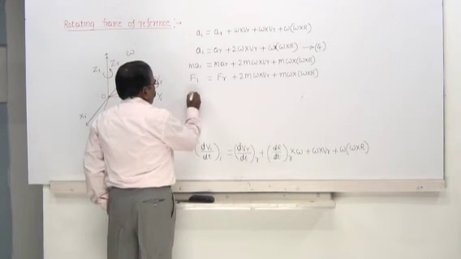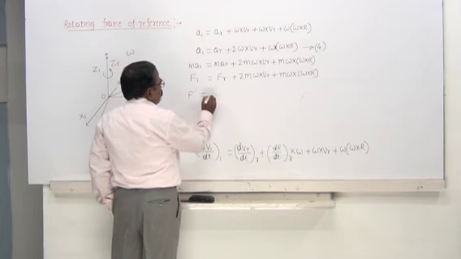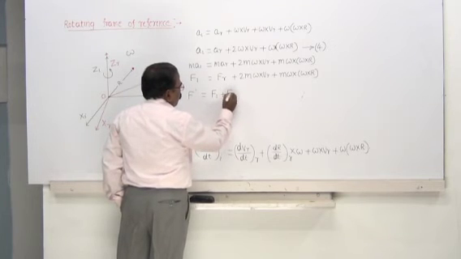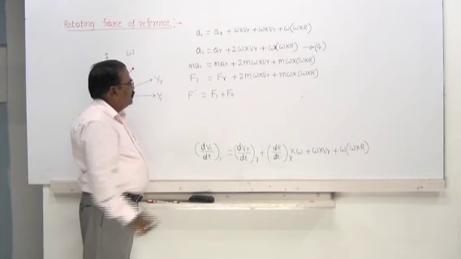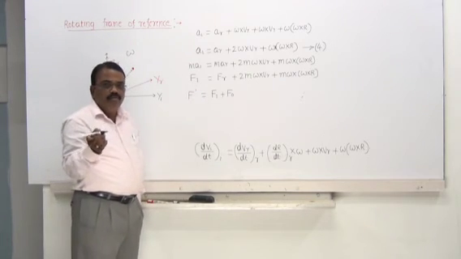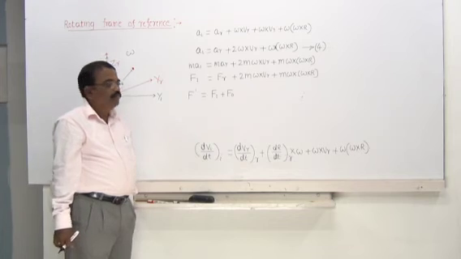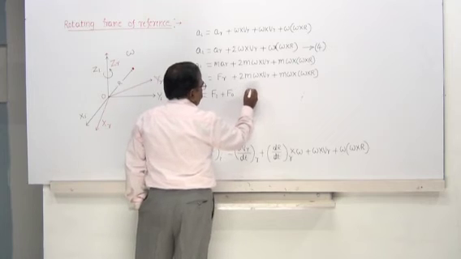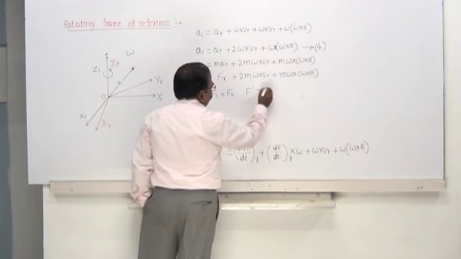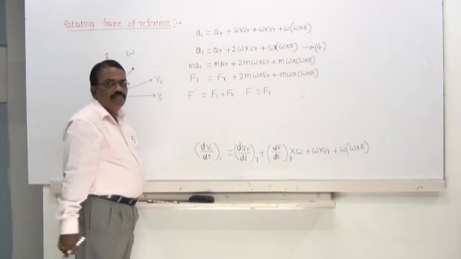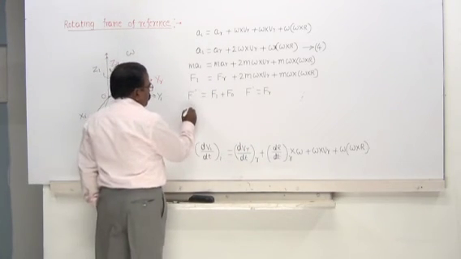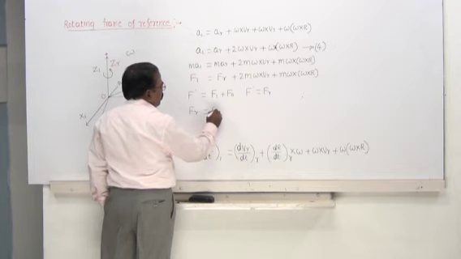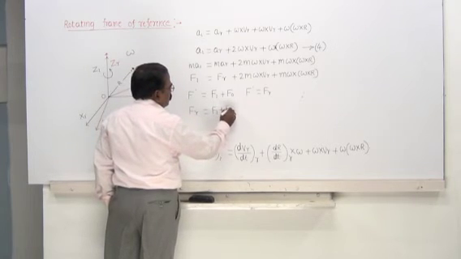Also we know that F dash is equal to Fi plus Fo. What is F dash? F dash is the force observed in the moving frame of reference. In this particular equation, your F dash is nothing but Fr. Therefore, Fr is equal to Fi plus Fo.